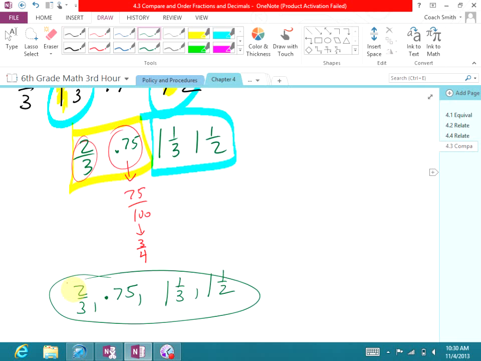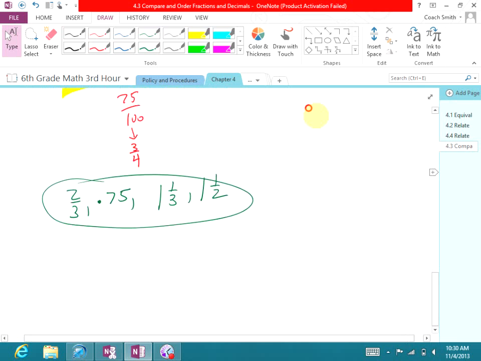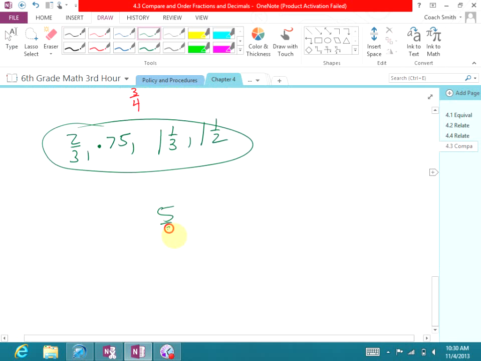Let's see here. Five over 9, 0.5, and 11 over 18.